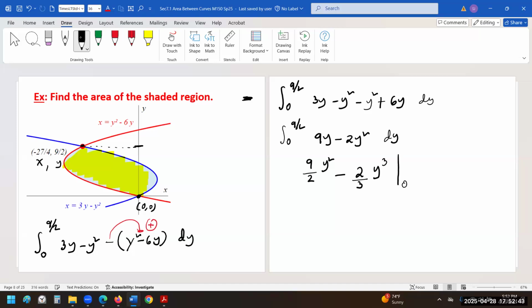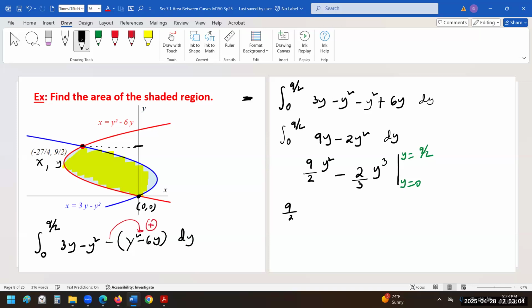We have our limit y equals 0. So if you want, you can write y equals 0 and y equals 9/2. So all we have to do is our substitution. And we subtract one portion minus the other one.